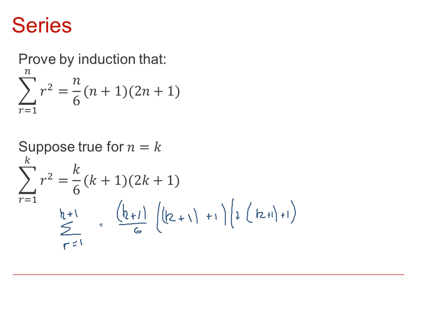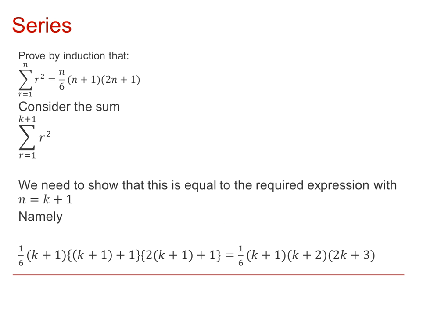So this is what we need to show. It's worth doing that so that we have some idea what we're aiming for. If you calculate that expression, it's 1/6 k plus 1, k plus 2, 2k plus 3.